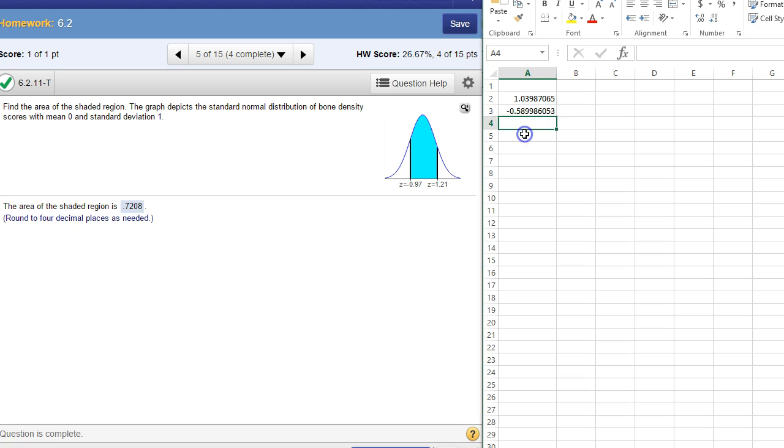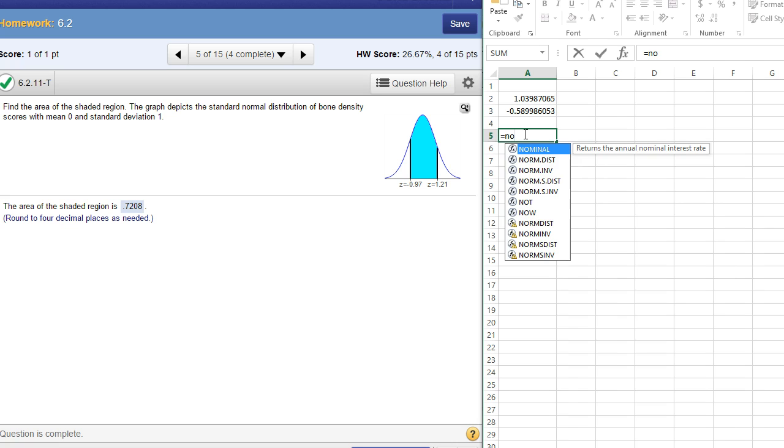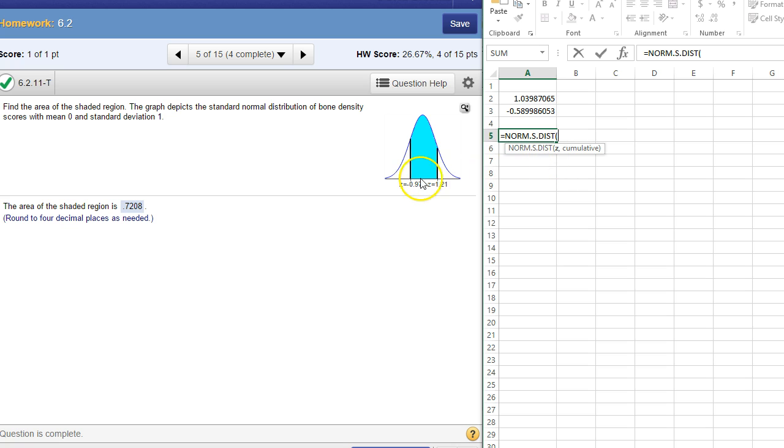It can do that. The only problem is you have to do it one piece at a time, meaning you would have to type in normal distribution, standard normal. Z is 1.21, the upper, you always do the upper one, comma, cumulative. Yes, it is cumulative because we're doing area, the CDF, so we'd hit true, which is just a 1.